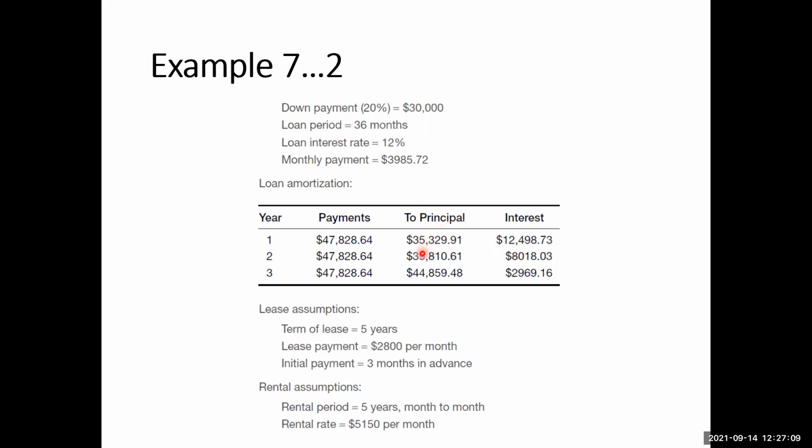So in this way, each year for 3 years, that means 36 months, you can return the total principal, which, if you add all these values, will be $120,000. And then you will pay some interest as well. So $120,000 is the amount which you originally got, but these are the extra expenses, the interest, which you will be paying. So this is the situation.